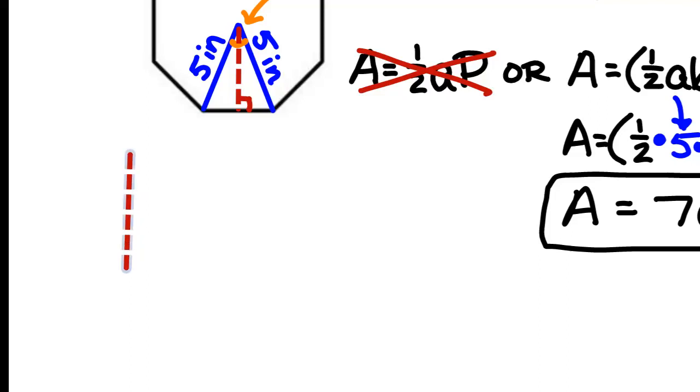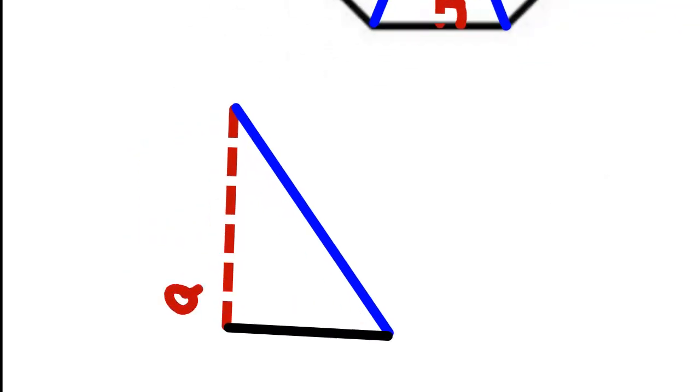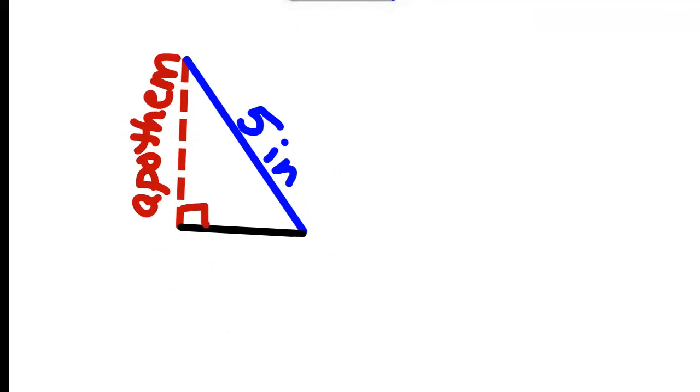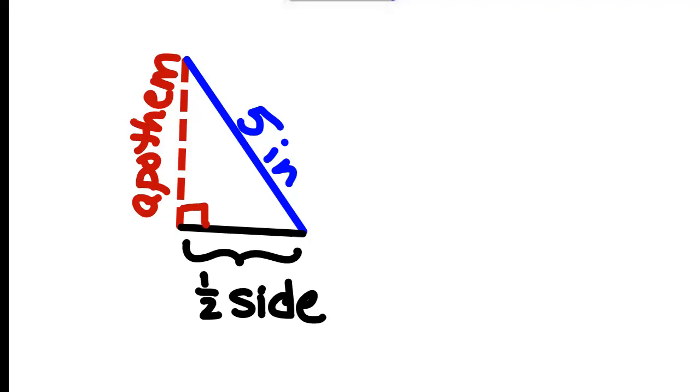So here's the apothem, and then here's the radius, and here's half the side of the octagon. So the apothem forms a right angle here. This is 5 inches, and this is half the side of the octagon.